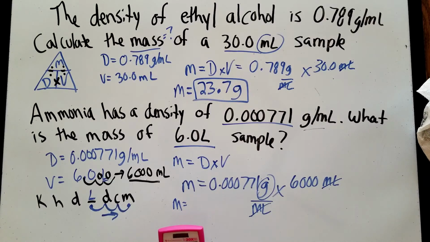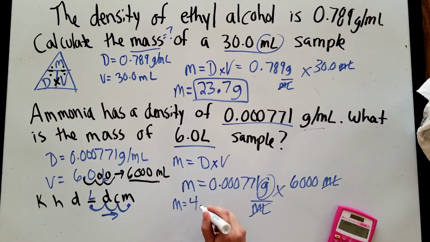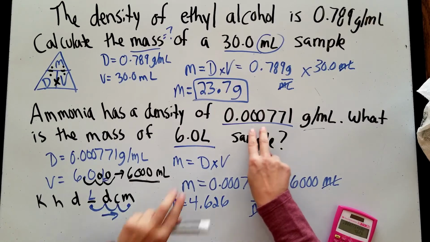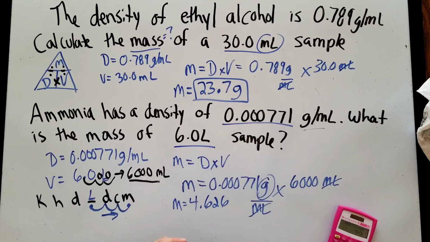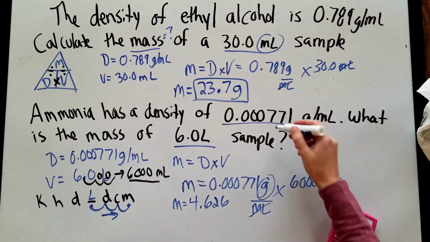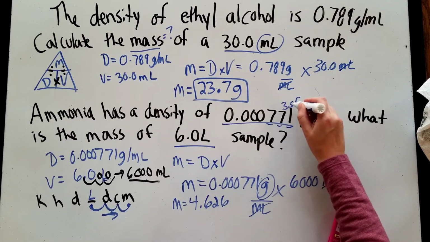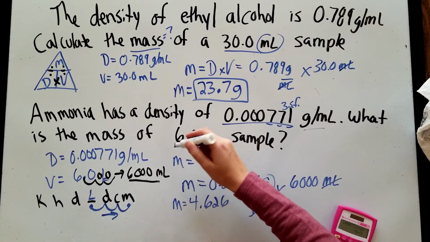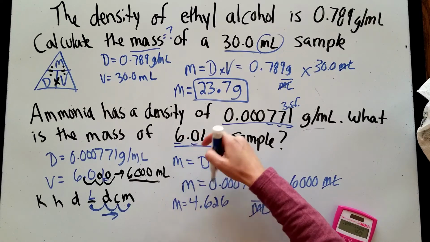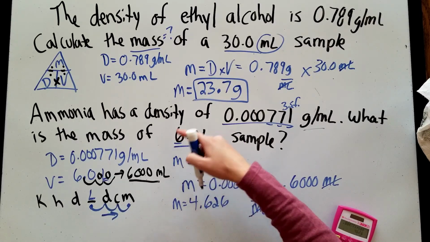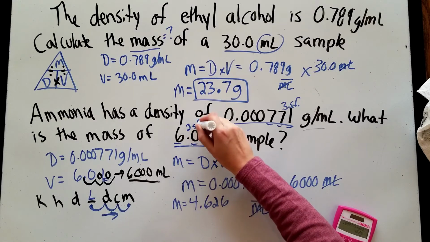Multiplying this out, 771 times 6,000, I get 4.626. How many sig figs do I want? Well, I want to look at my original numbers, okay? So in this top number, I have 1, 2, 3 sig figs. 6.0, I have 1, 2. That 0 counts because there's a decimal, and I started counting at the 6.